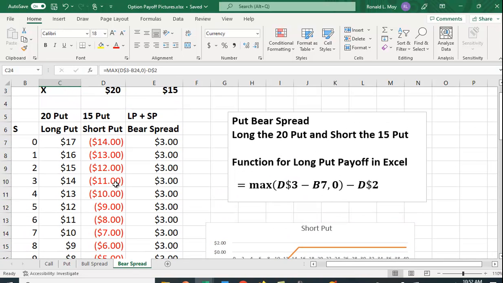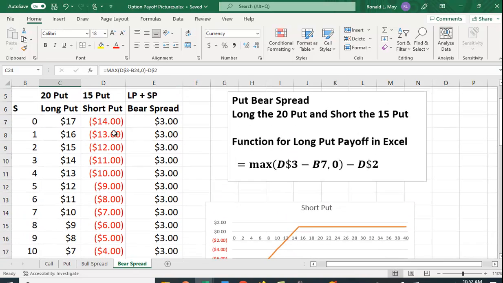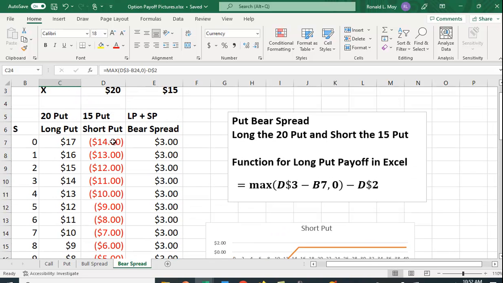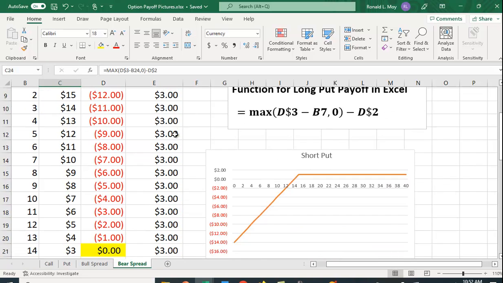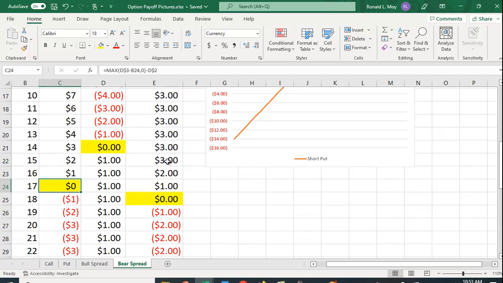Now, if we write a put option and combine the two, here I have LP plus SP, long put plus short put, that equals a bear spread. And what you've done is you've changed the break-even point. Remember, you're watching the price go down from 17 to 18.